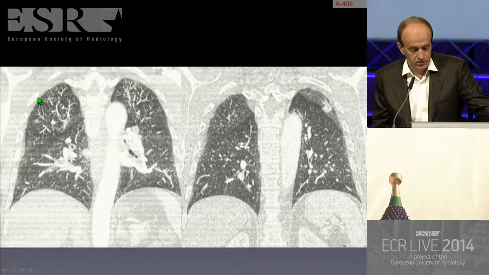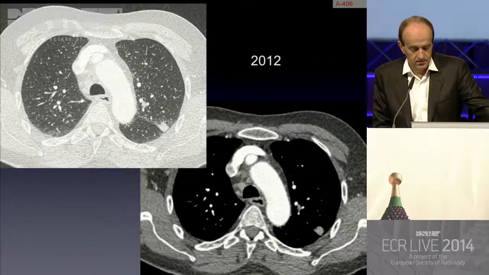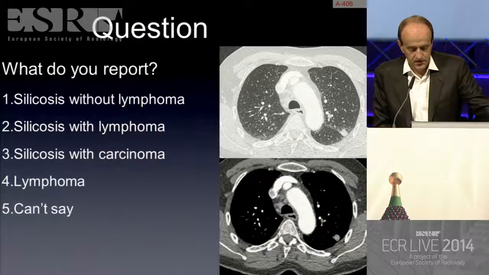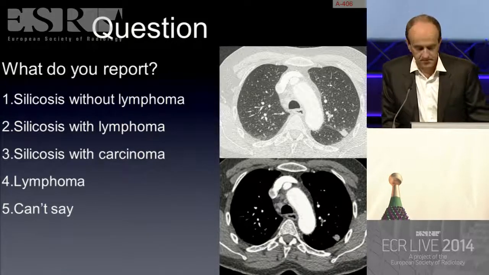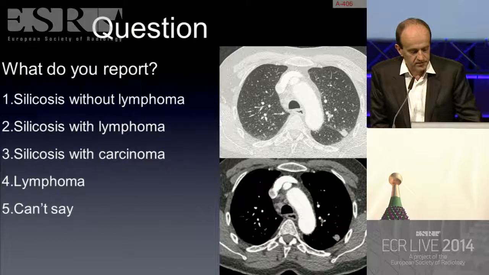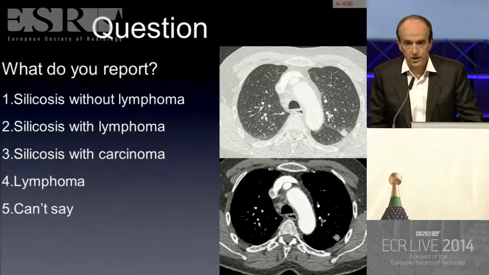Reformats show you nodules and micronodules in the apices, could be silicosis. Here, some axial slices. So the question to you, based on these findings, is, what do you report? Silicosis without lymphoma? Silicosis with evidence of lymphoma? Silicosis with carcinoma? Lymphoma? Or you can't say. Please vote now.